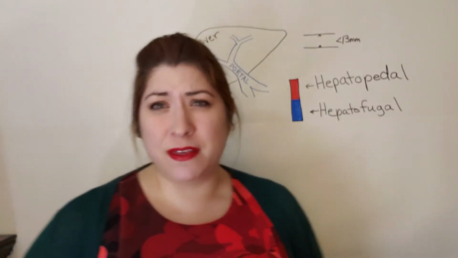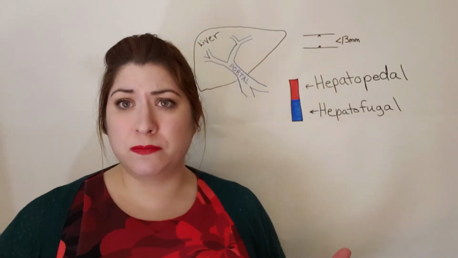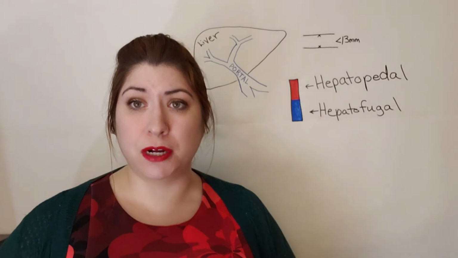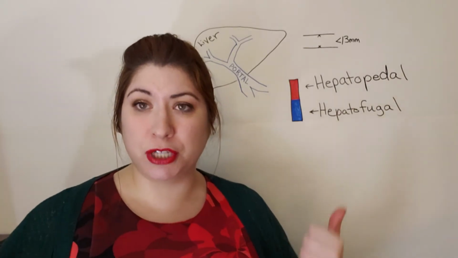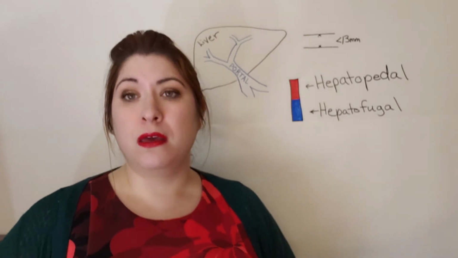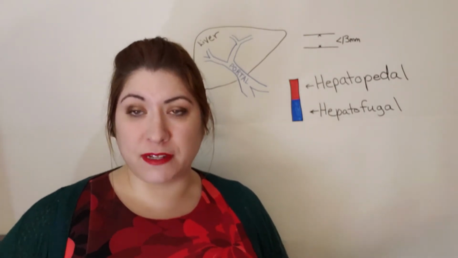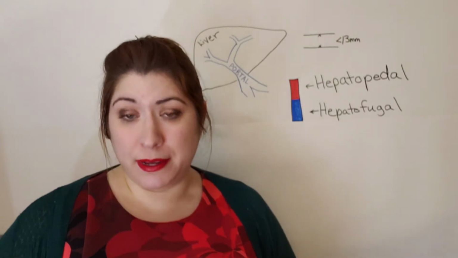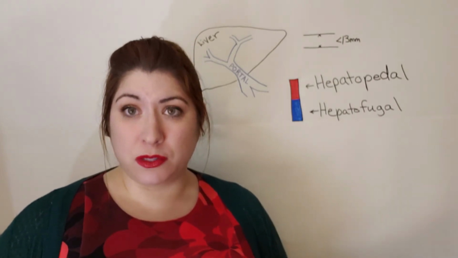That makes sense. If you have an increased pressure inside of a pretty pliable tubular structure, as that pressure is pushing out, it's going to be pushing those walls out and eventually over time making that vessel bigger. So that's one of the first things we want to look for: what size the portal vein is.